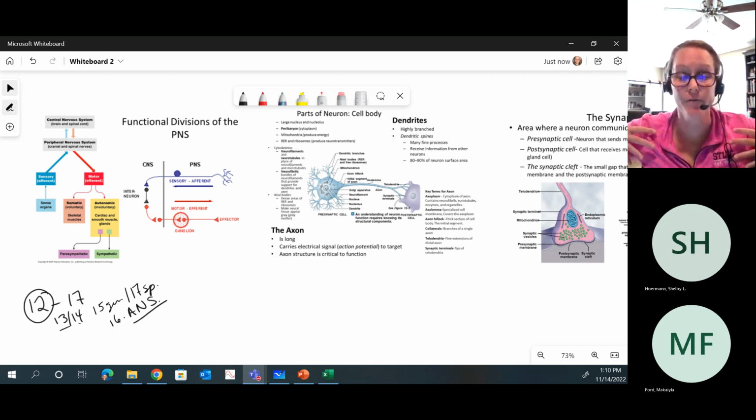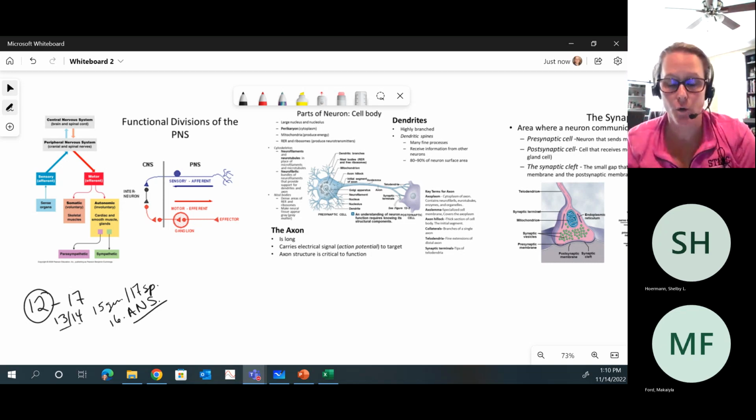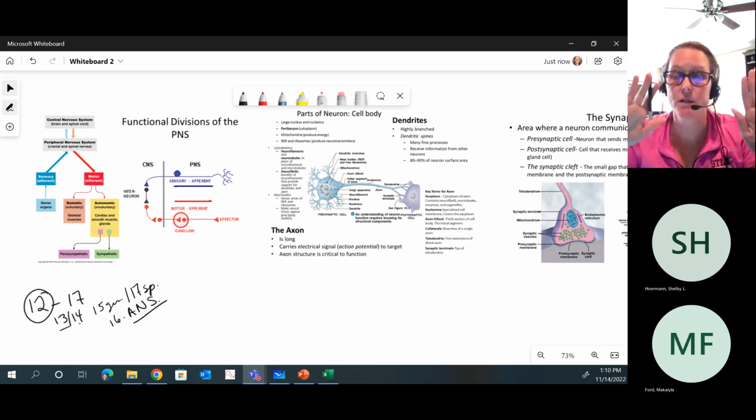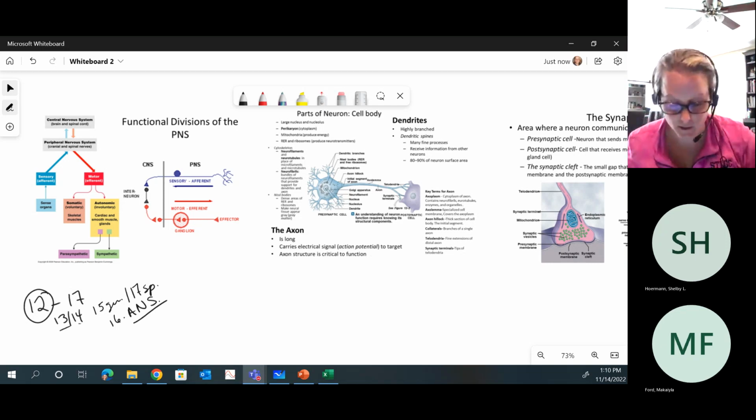And then you have your peripheral nerves, which, like cranial, are going to have some neurons that go out and talk to glands, talk to muscles, and then you'll have sensory information coming in. Okay, so anatomically speaking, you can divide the nervous system into central nervous system and peripheral nervous system.